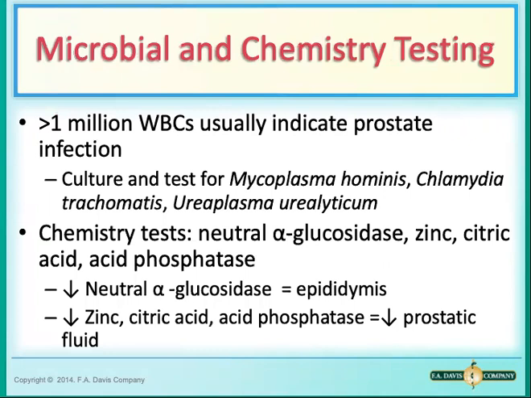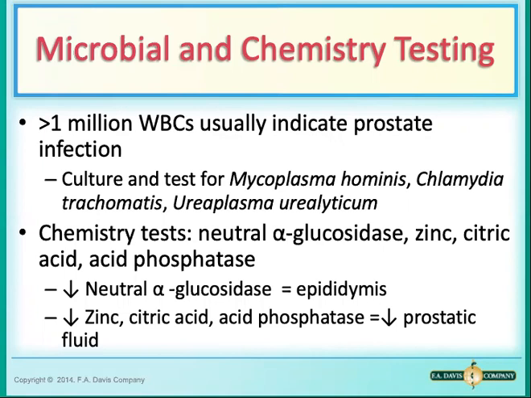Okay, so other than evaluating all of those parameters, we can do some microbial tests on the samples, and then we can do analysis for post-vasectomy. The microbial tests, or chemical tests, are very important as well. The presence of more than 1 million leukocytes per milliliter indicates an infection within the reproductive system.